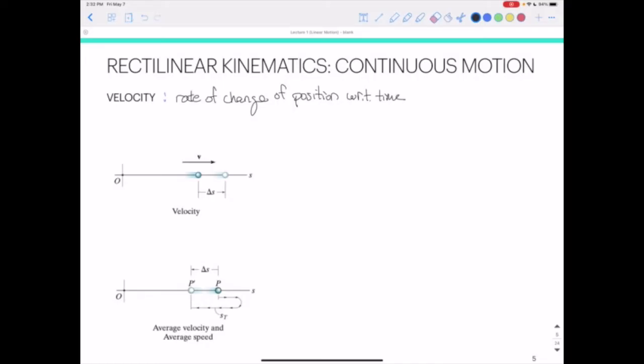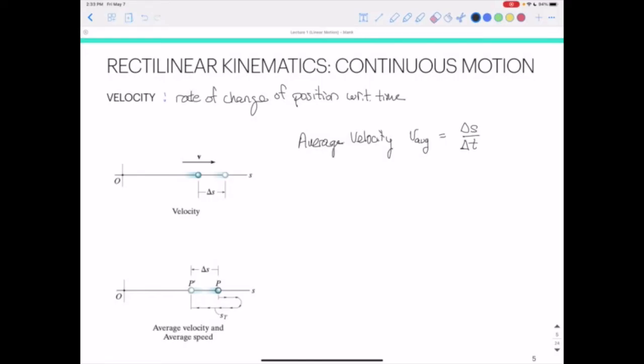So we define average velocity, we'll call it V subscript AVG, and that is equal to delta s over delta t. So that is the displacement divided by the amount of time it took to displace that amount.